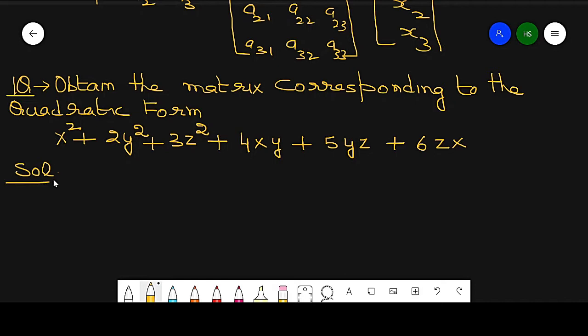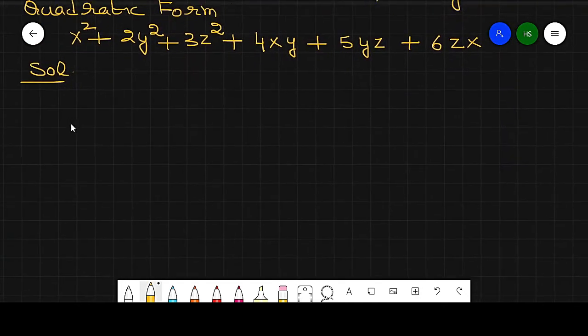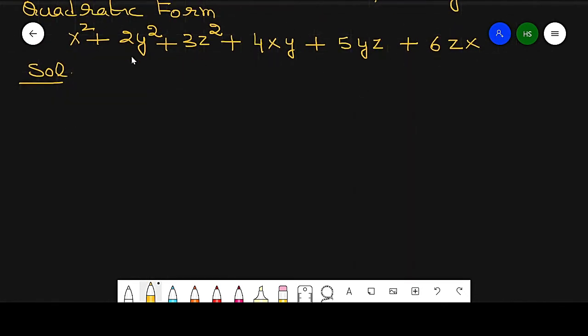Now solution. So this is the given quadratic form. Now just understand the method, how we will write this in the matrix form. So first write the coefficient of x square.